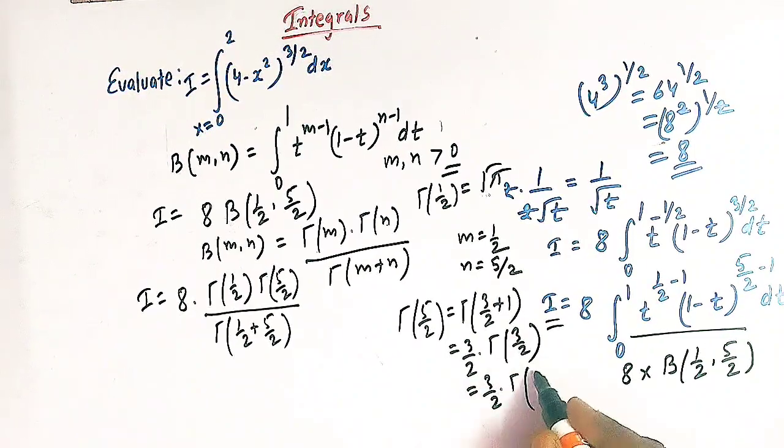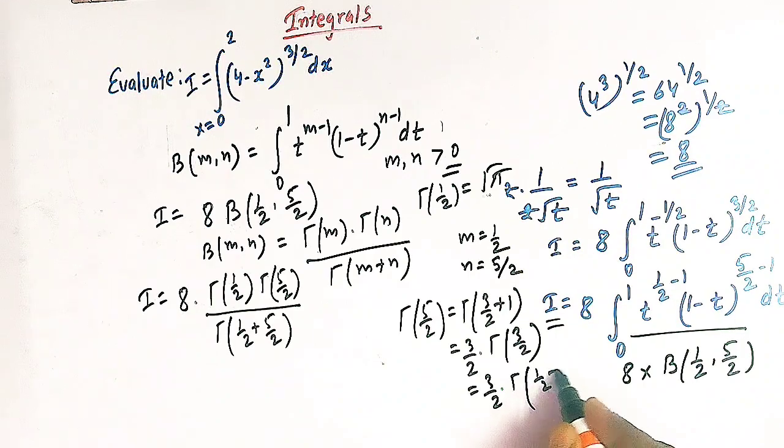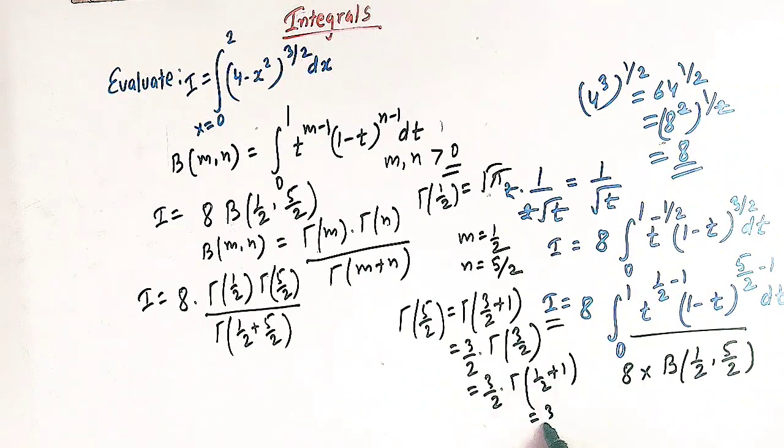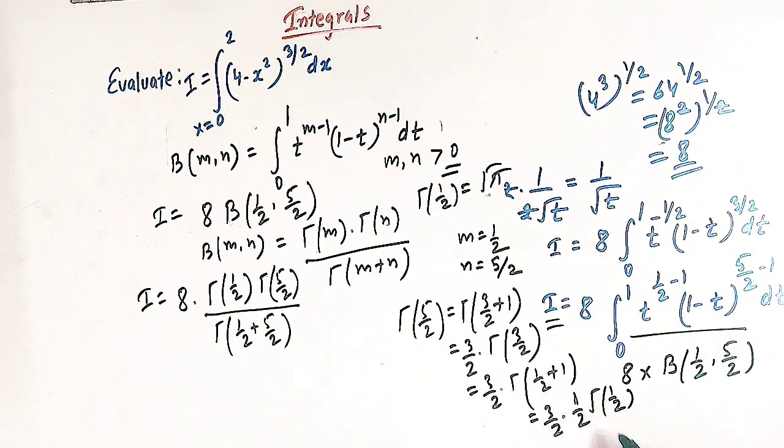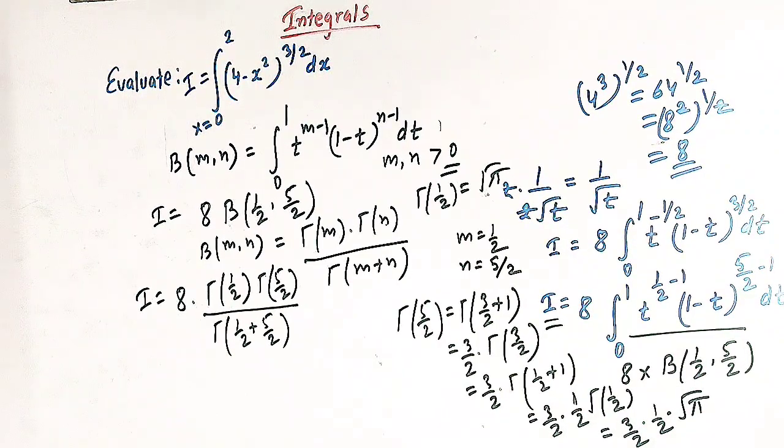Gamma 3 by 2 can be written as half plus 1, so this is 3 by 2 times half, and here we have gamma of half, right? So this is 3 by 2 times half times square root of pi, because gamma half is square root of pi.